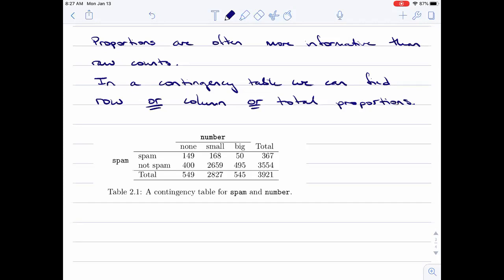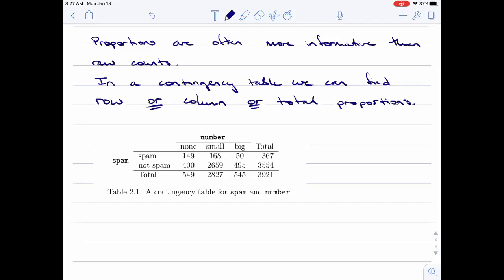And then there were only 50 emails that had big numbers in them that were classified as spam. So if we just think about that for a second, it looks like if it has big numbers, it's less likely to be a spam email, or at least that's what it looks like to me.